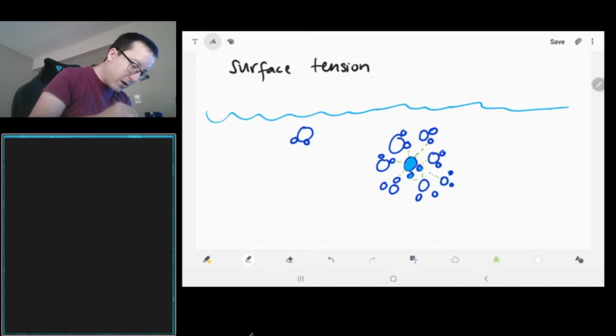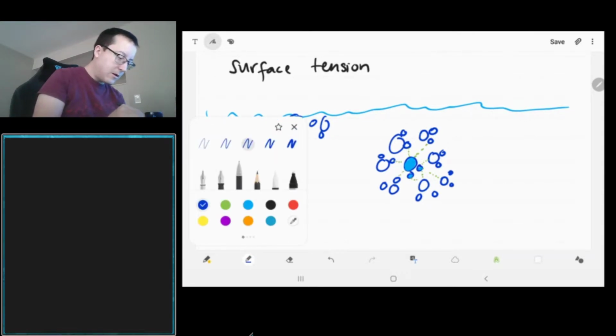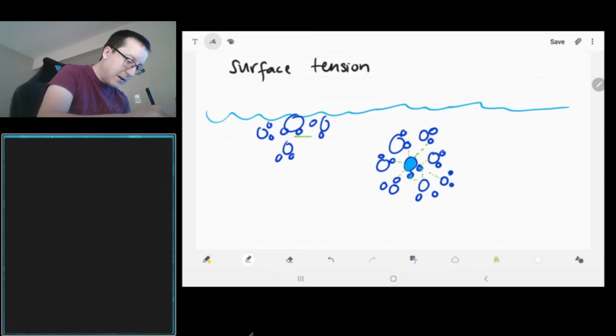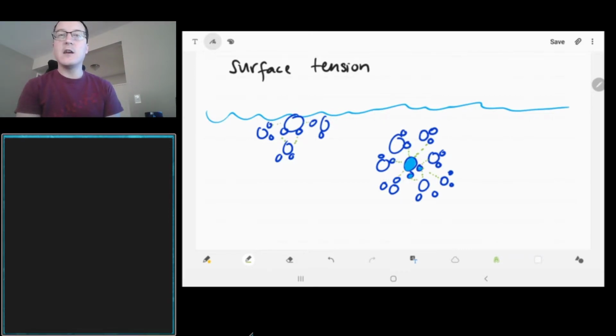However, this one water molecule up here at the very top, let me just redraw that right up here. Of course, there's going to be some other molecules it's going to be attracted to. This water molecule, as we can see, if it's at the surface, it only has other water molecules below it.